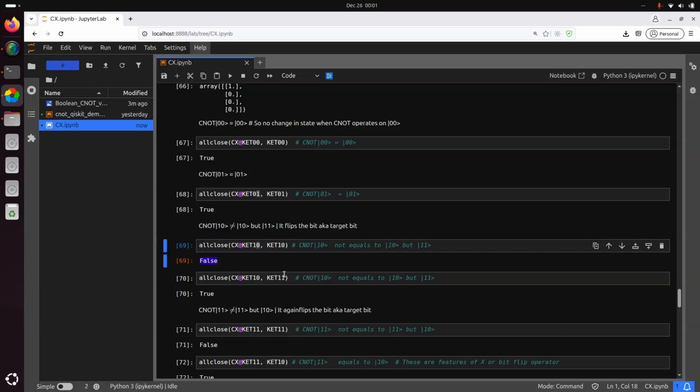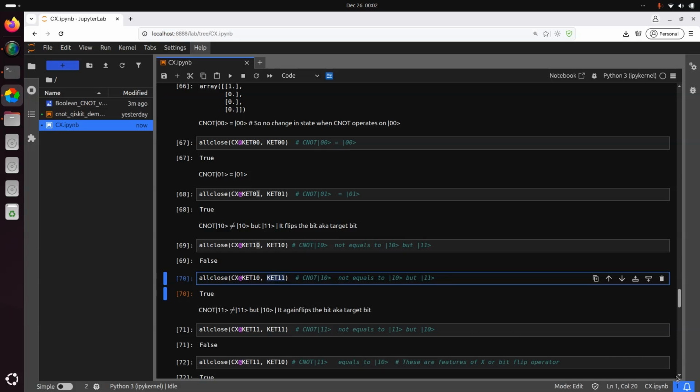The property of the CX gate is to flip the second qubit, or the target qubit, because the source is 1, so it flips the target with an X operation. So the CX operating on ket 1, 0 will end up with ket 1, 1. So the target qubit is being flipped by the first qubit with the CX operation.